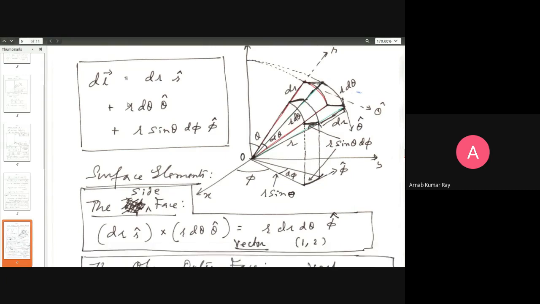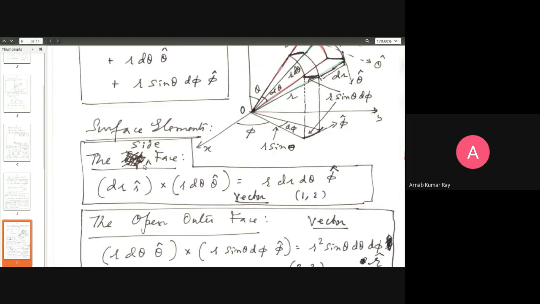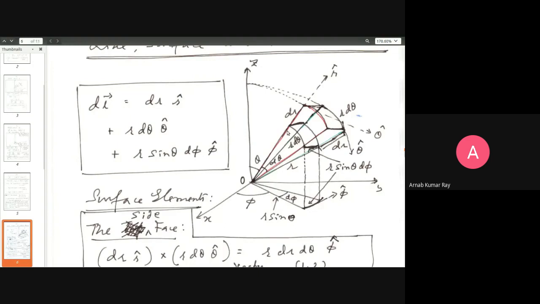So 1 cross 2, dr r cap cross r d theta theta cap. And which face is that? We have got a little kind of a wedge over here. You can imagine this thing as a little section out of a watermelon that you have cut out. A watermelon is nearly spherical.